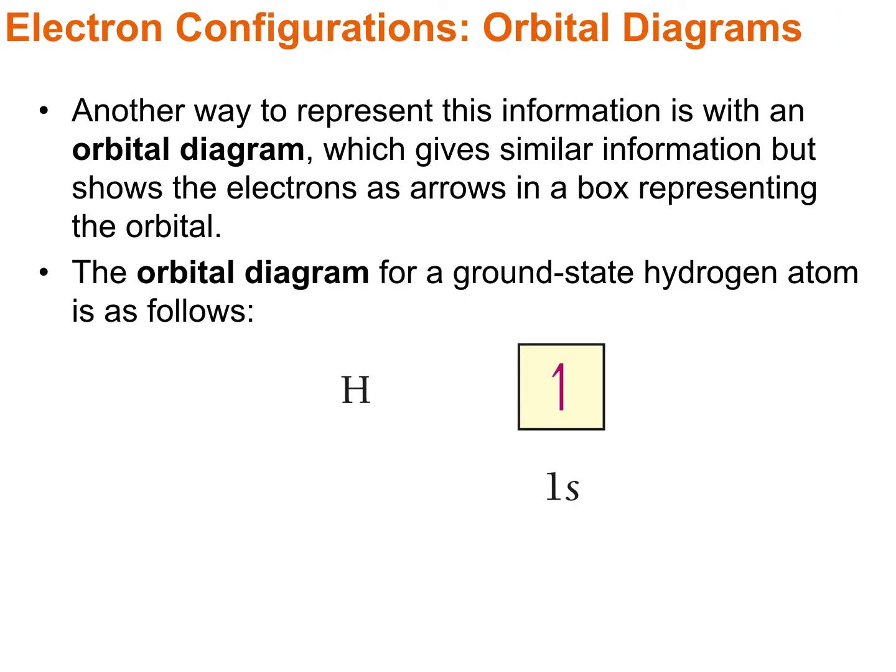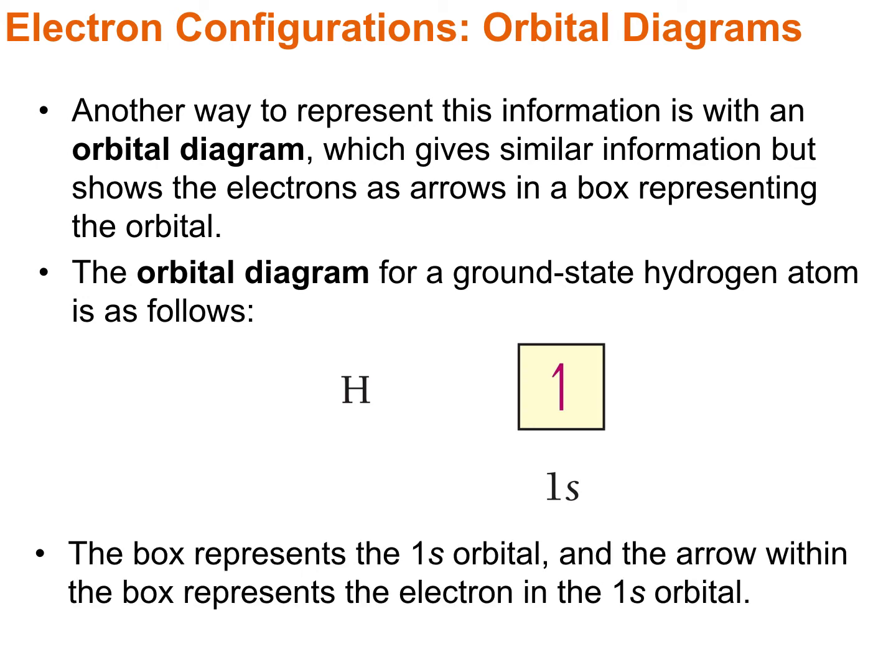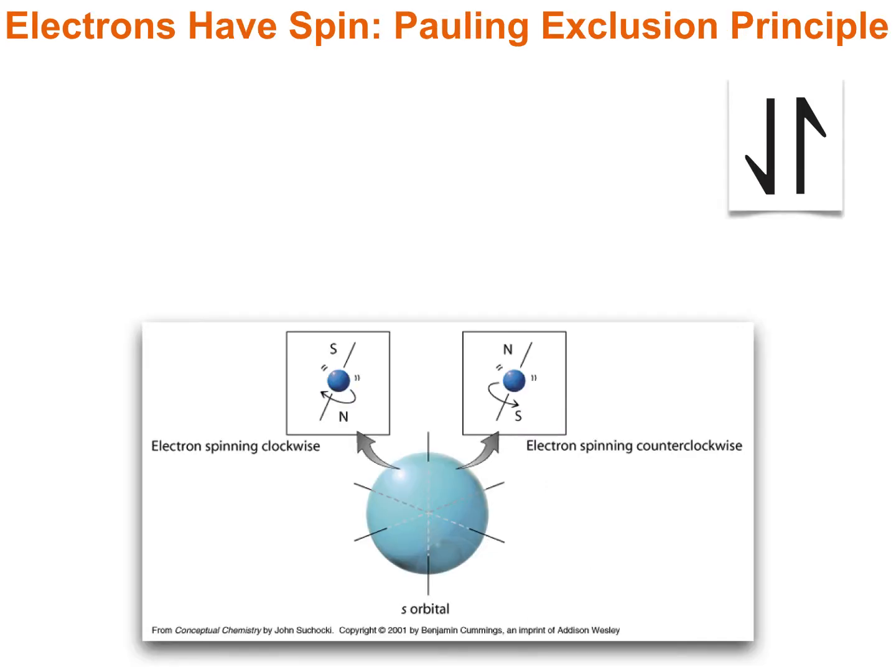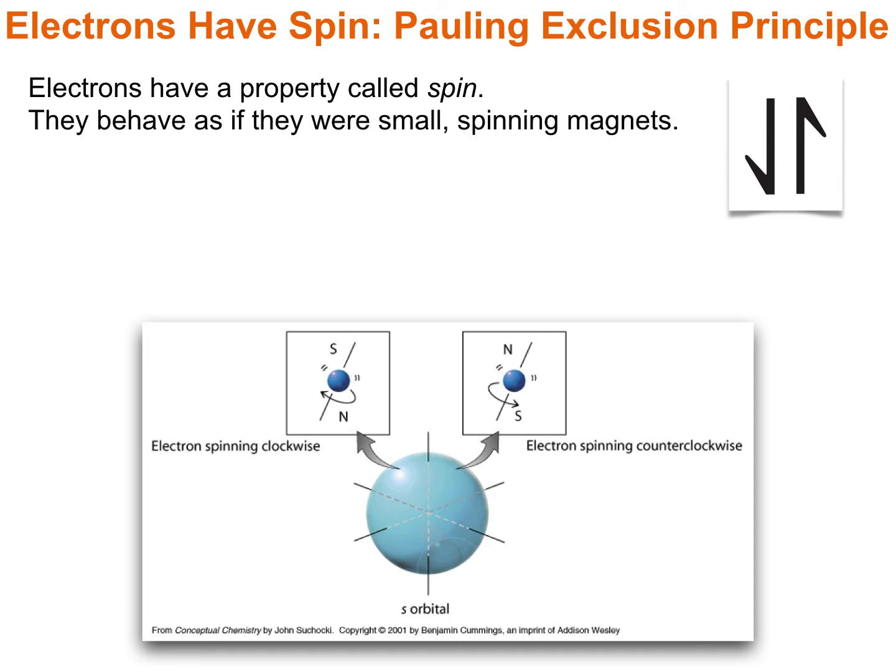So why is this arrow pointing up? Why are electrons represented as arrows? That has everything to do with the fact that electrons have this property called spin. Because electrons are like tiny magnets, they spin in essentially two directions. These directions we call spin up, and we represent spin up by an arrow pointing up.